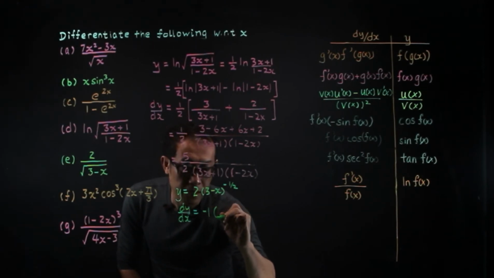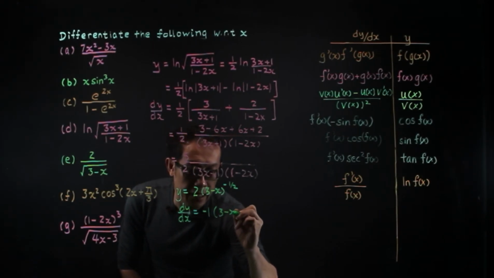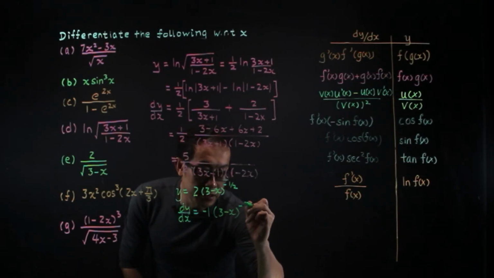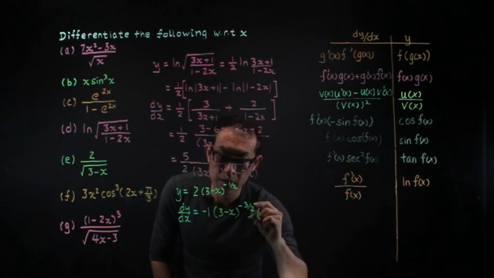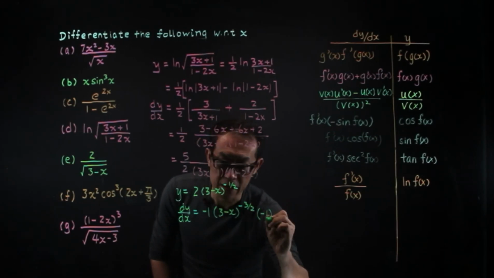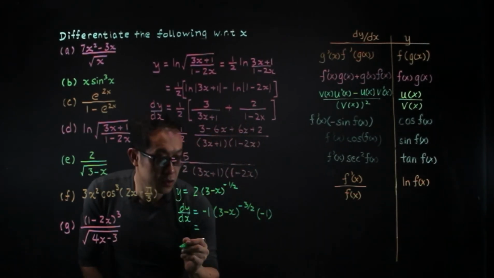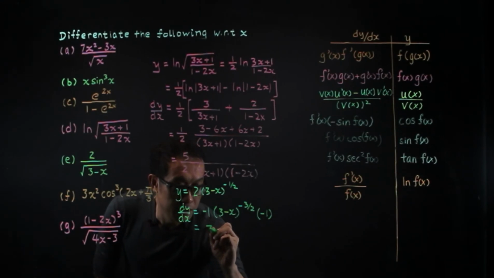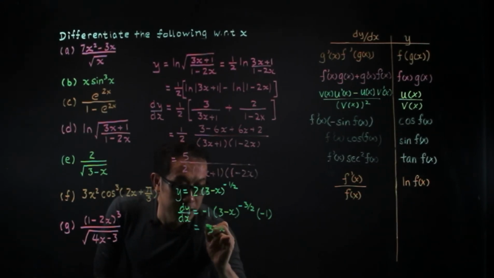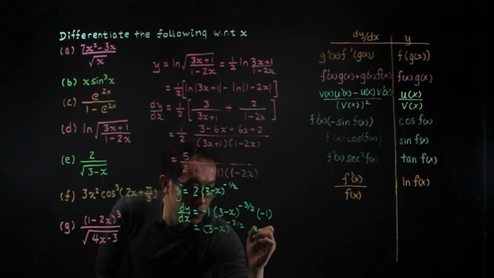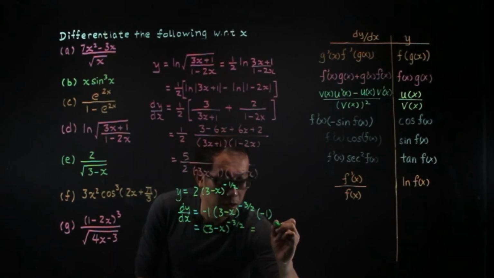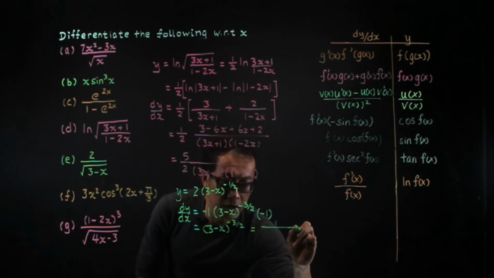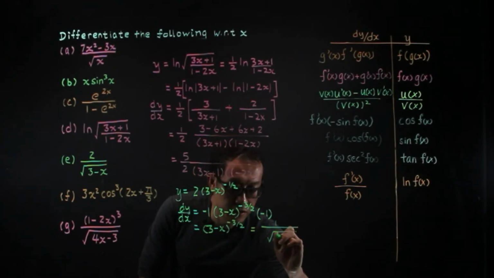Then this becomes 3 minus x to the power of minus 3 over 2. Now this becomes minus 1 if you differentiate the inside. So you have 3 minus x to the power of minus 3 over 2. So you can write it as 1 over square root of 3 minus x.